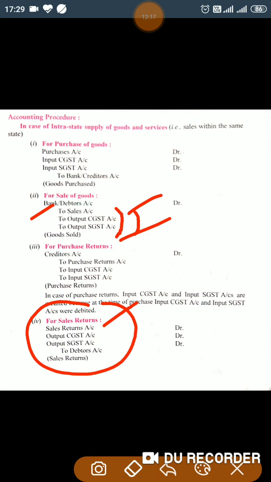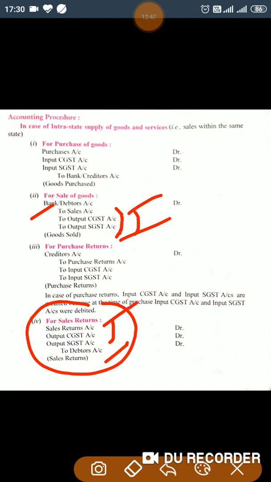Output CGST and SGST are liabilities. So for the amount of goods which the customer has returned to you, sales return being goods returned by the customer, to that extent your liabilities decrease, so decrease in liability should be debited. Output CGST account and output SGST account are debited.